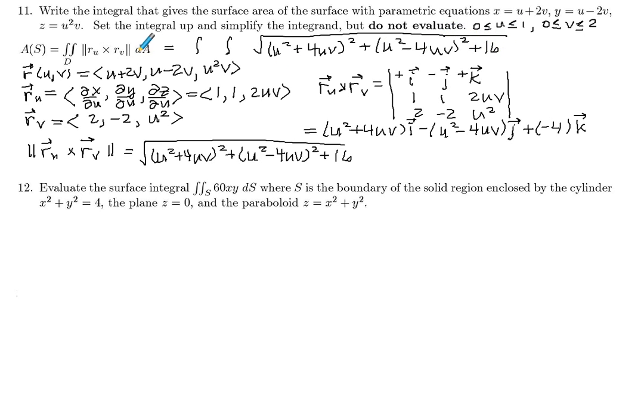Our area element in u and v is going to be either du dv or dv du, and we're integrating over a rectangle, so that's not going to be a problem. So the u limits go from 0 to 1, and then the outer limits are the v limits, 0 to 2. And there we go. This is a setup only.